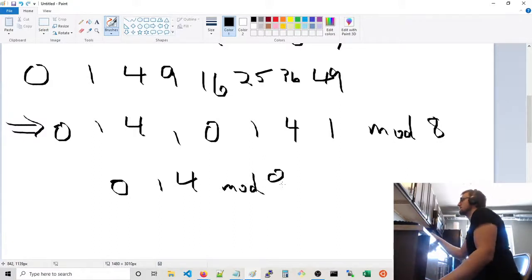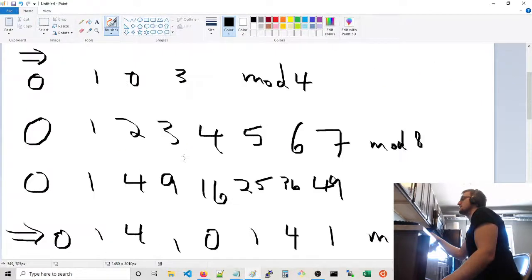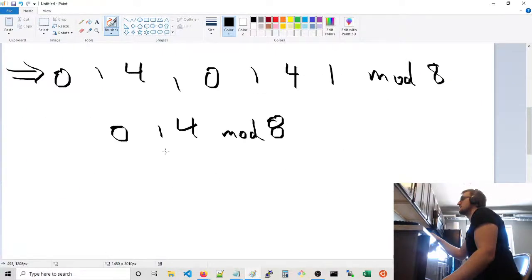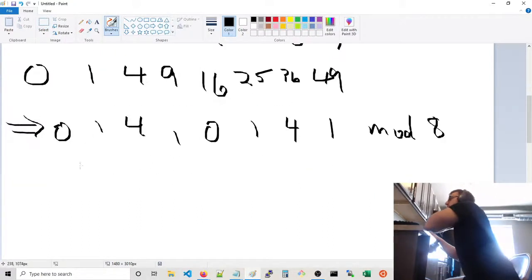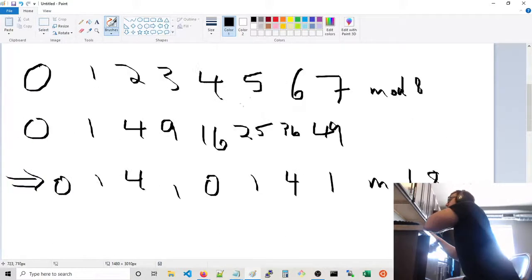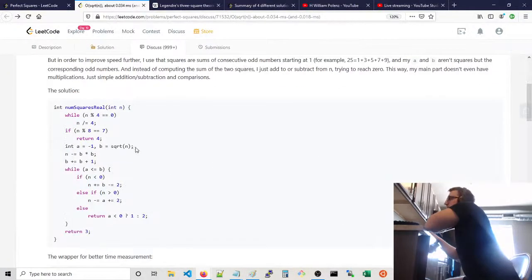Once you've reduced n all the way down. No, sorry. So what are the possible values you could have for 1 or 2? Well, I guess it doesn't matter.